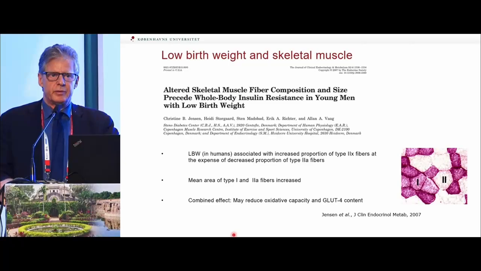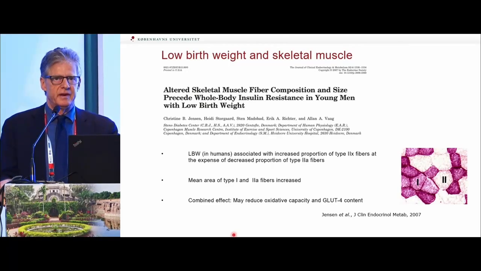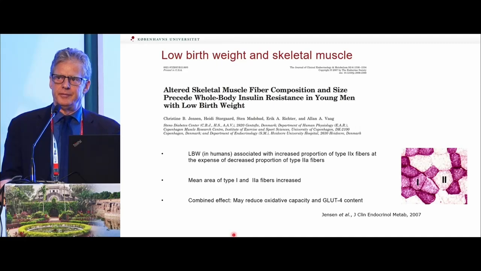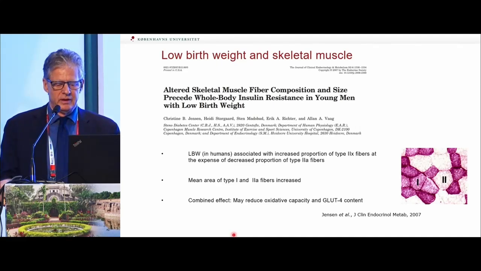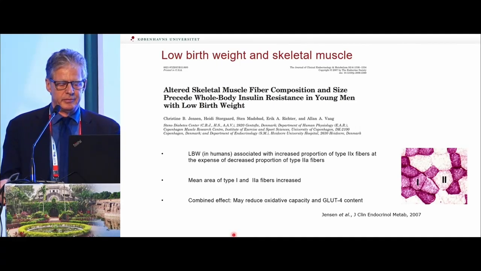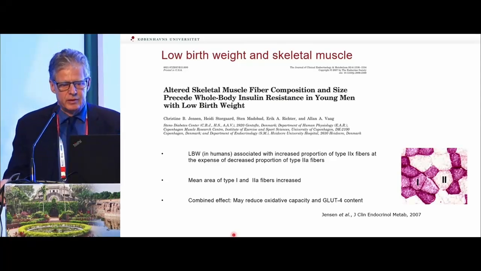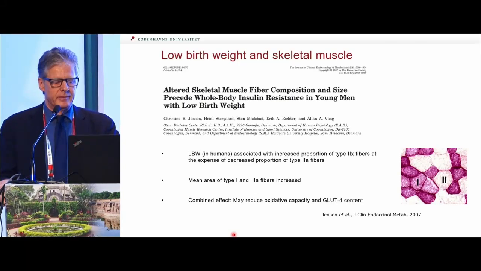That low birth weight actually affects the skeletal muscle distribution was shown in an earlier study by a group mainly from the Steno Diabetes Center Copenhagen. They showed that low birth weight was associated with an increased proportion of type 2X fibers, so the glycolytic fibers, at the expense of a decreased proportion of type 2A fibers.